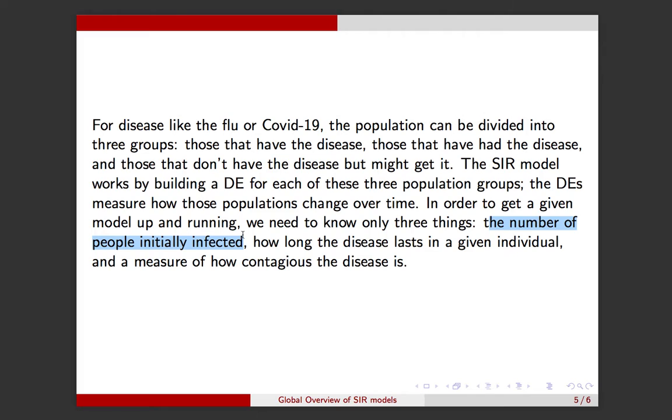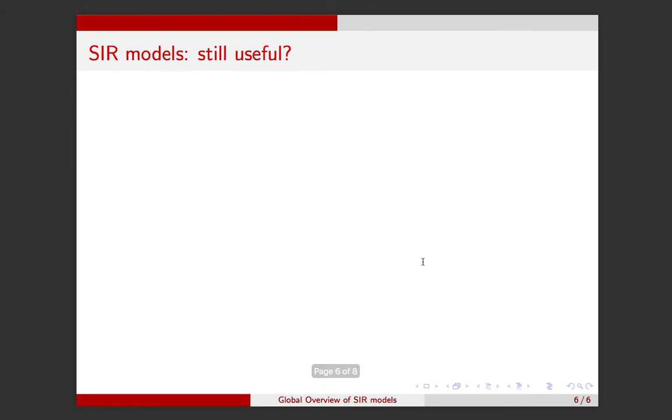This is usually very small. You usually start at the beginning of an outbreak. How long the disease lasts in a given sick person on average. Different people last different amounts of time, but you just want an average number there. And some measure of contagiousness. If you have those three things, you can set up an SIR model.